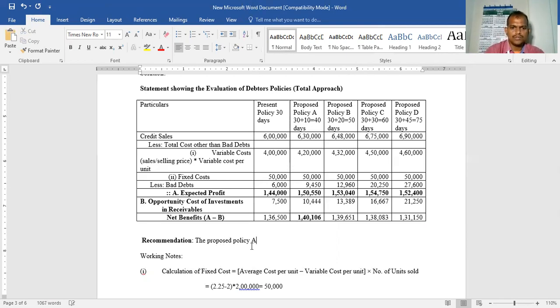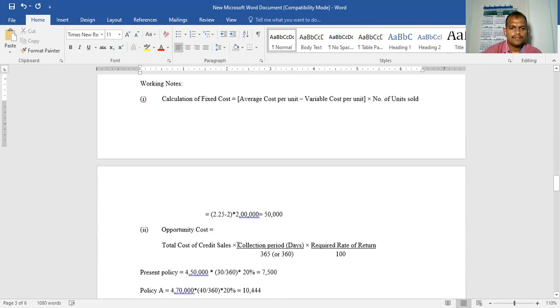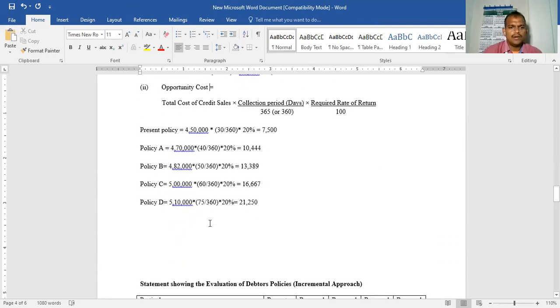The proposed policy A should be adopted as its net benefits are higher compared to other policies.